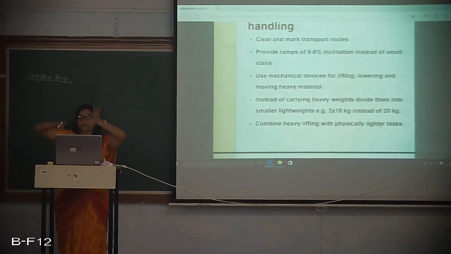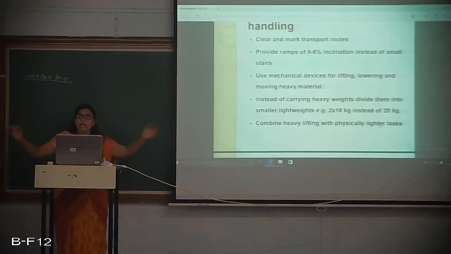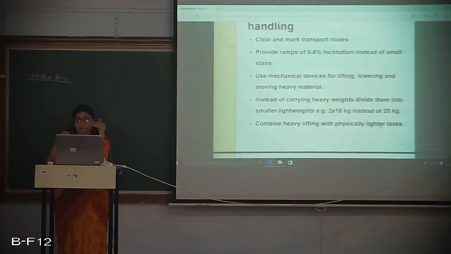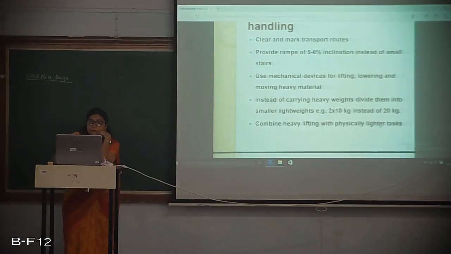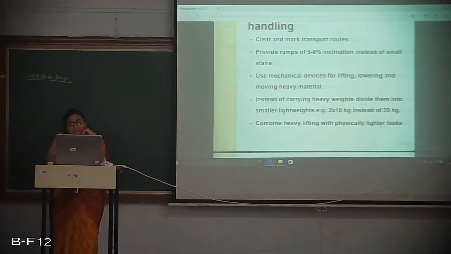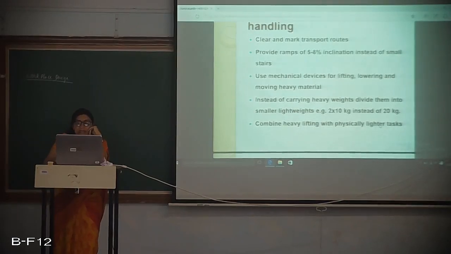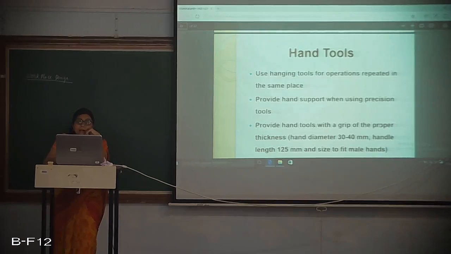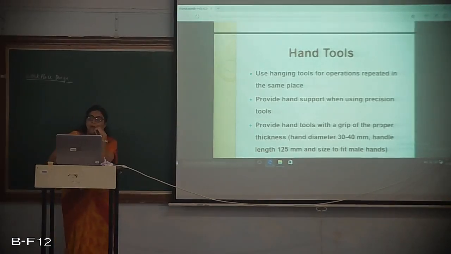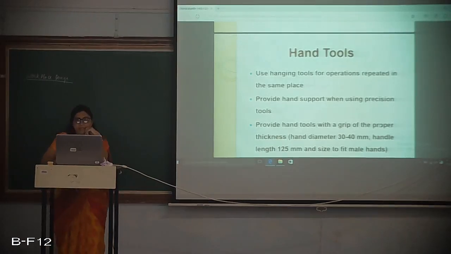It is divided into components or small parts. Heavy lifting needs to be avoided. Hand tools: hanging hand tools for operations repeated in the same place.